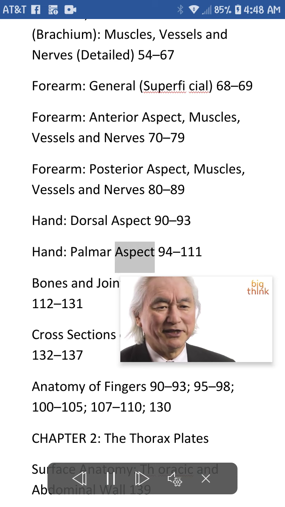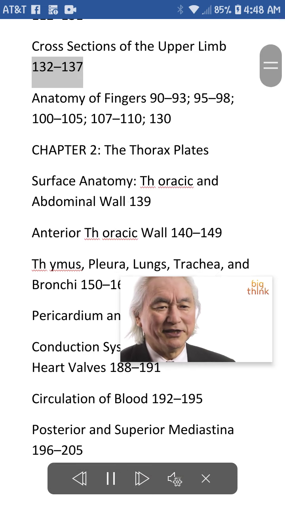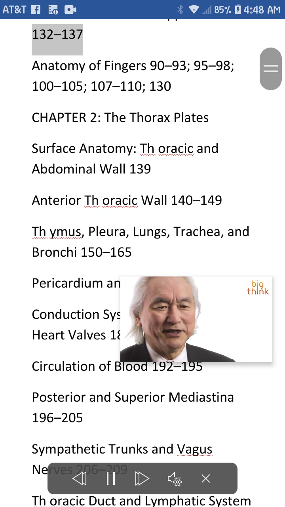Hand, palmar aspect 94 to 111. Bones and joints of the upper limb 112 to 131. Cross sections of the upper limb 132 to 137. Anatomy of fingers 90 to 93, 95 to 98, 100 to 105, 107 to 110, 130.